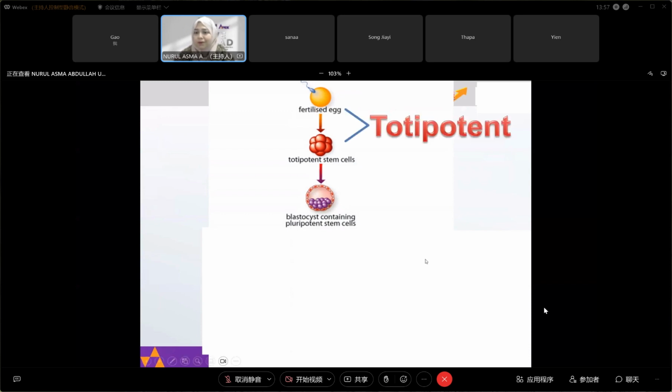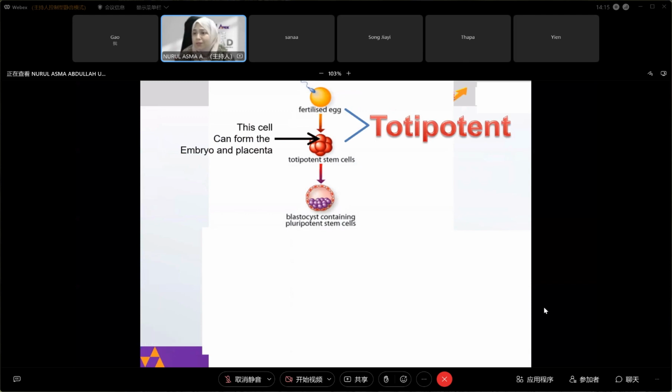So the fertilized egg is the totipotent stem cell, and this can produce a new human being, another life.